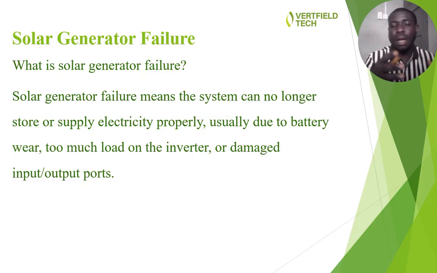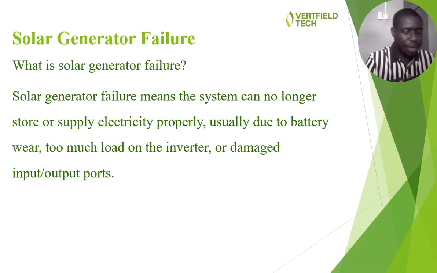So you power exactly 400 watts or even 350 watts, but you observe that immediately that load comes up, that solar generator goes off. It drops dead. It goes silent on you. It doesn't come up at all. That is what we mean by solar generator failure.